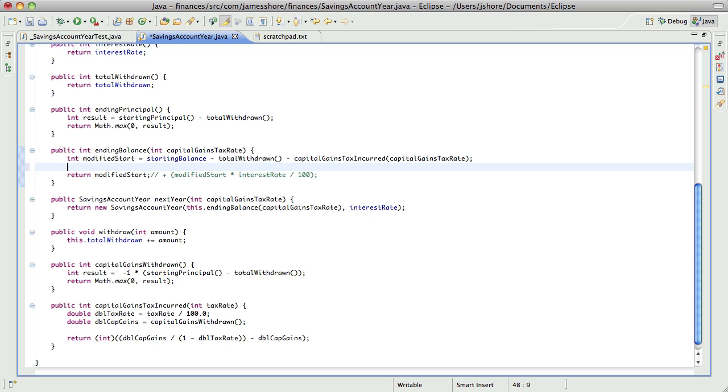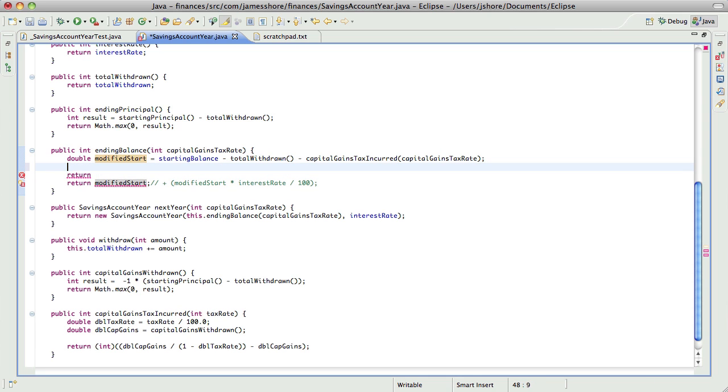So if we return, is this another rounding issue? Yikes. Okay, so let's make that a double. Double interest rate equals 100 plus interest rate.